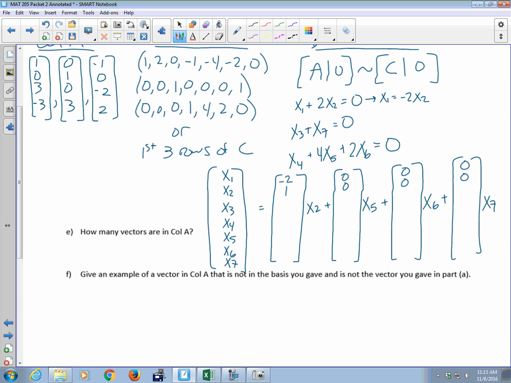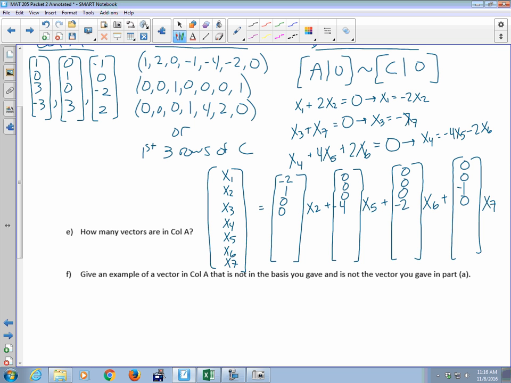And x3 is a pivot or a basic variable, so it's negative x7. So x3, I put a -1 in the x7 vector and then zeros in the other three. x4 is a basic variable, and x4 is -4 x5 minus 2 x6. So I put a -4 in x5 and a -2 in x6, and the other ones get zeros.